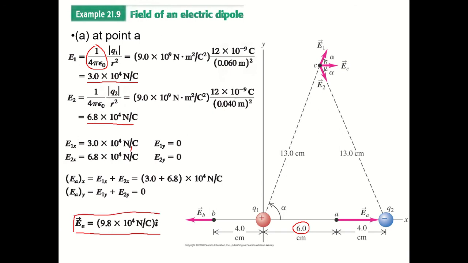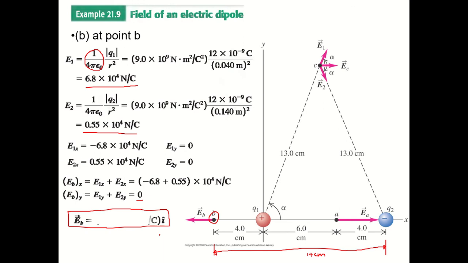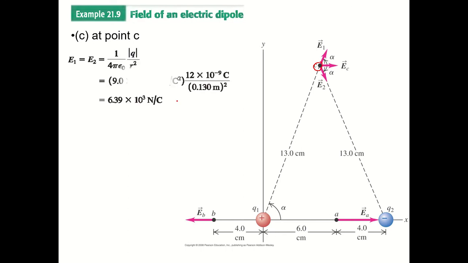Now we go to the third point, point C, meaning we'll consider this point here. Again, same calculation, class. Take note that since they are symmetric, this is an isosceles triangle. An indication of an isosceles triangle is that they have the same length for this side and also this side.